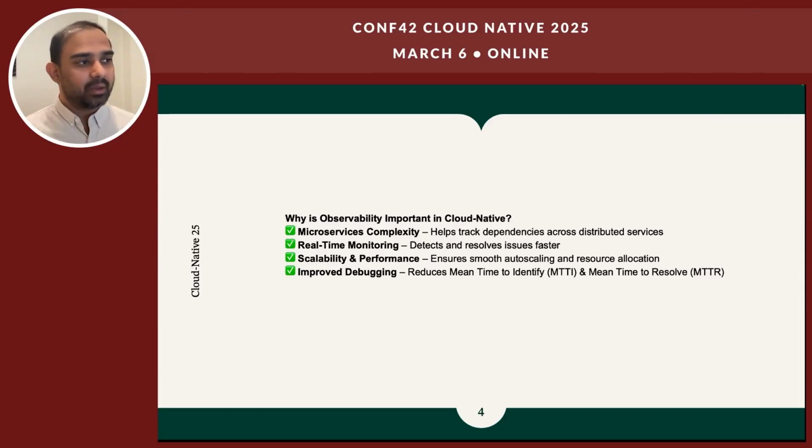Covering scalability and performance, it ensures smooth auto scaling and resource allocation. So as we constantly monitor these services, servers, applications, we have better insights. We're better equipped with making better decisions on how to leverage. If the system is constantly running at a high load, it helps us make a decision to auto scale to beef up the system more.